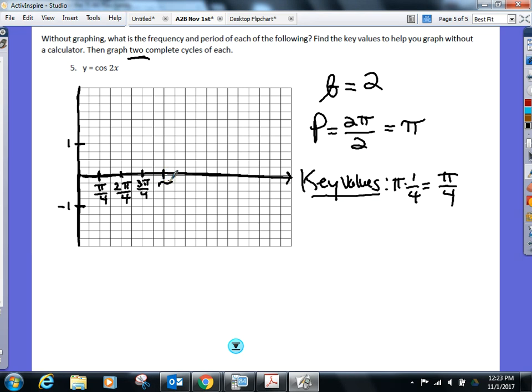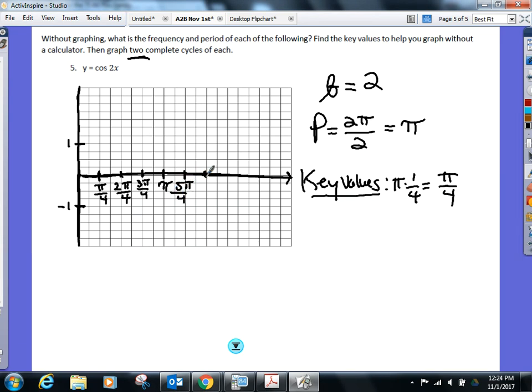There's 1 full cycle for you guys, right? Because that was the period, pi. Keep going, though, because we need 2 cycles. What do you think the next one's going to be? Keep the pattern going. You got 1, 2, 3, there's 4. 5 pi over 4.